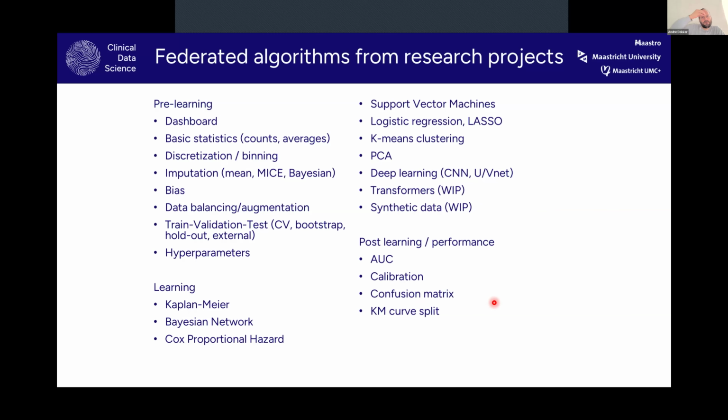So our idea of the algorithm store is that you can pull these things and put these modules behind each other so that your learning project is complete. This is work in progress, right? As I said, nowadays it's much more a free for all. If you trust that researcher with their Docker, then you can run it. But we want to go more towards this modular way of doing federated learning.